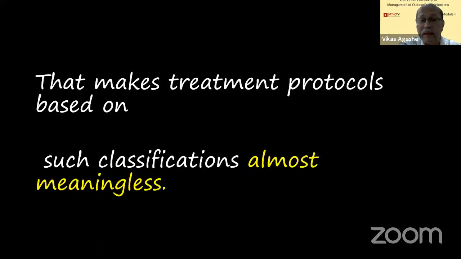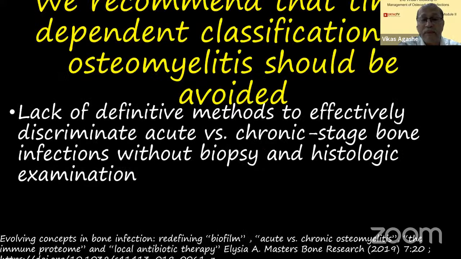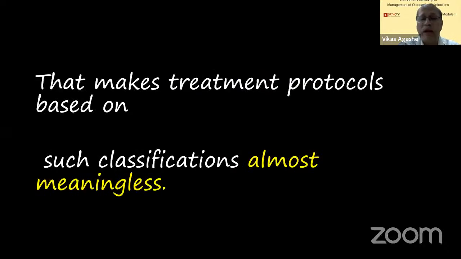There is a lack of definite methods to effectively discriminate whether it is the acute or chronic stage without biopsy and histological examination. And even in histological examination, it is very difficult to know whether it is acute or chronic.